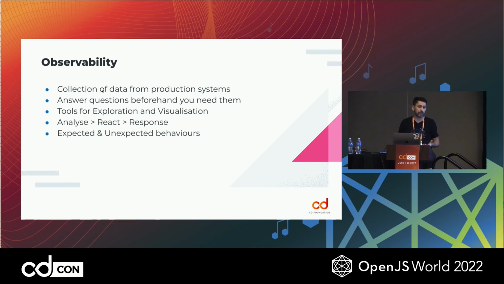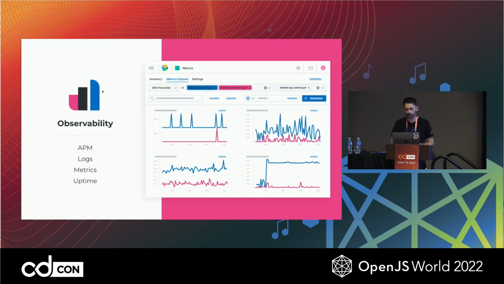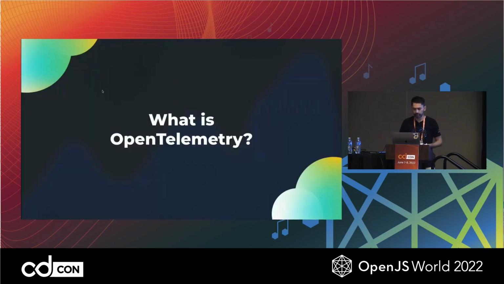It usually comes with tools for exploration and visualization of this data and these insights, so you are able to analyze, react, and respond to expected and unexpected behaviors. We all know the expected things, but what happens with the unexpected things in production? Traditionally, there are three pillars: application performance monitoring, logs, and metrics. This is the data that we would like to collect in general in observability.